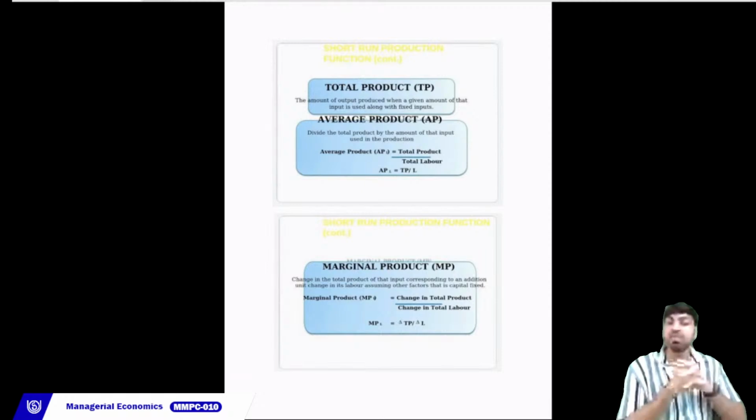But in the case of total product, both variable and fixed inputs are used. Marginal product is calculated as the change in total product by the change in total labor, that is delta TP by delta L, where delta denotes the changes in total product and in total labor.